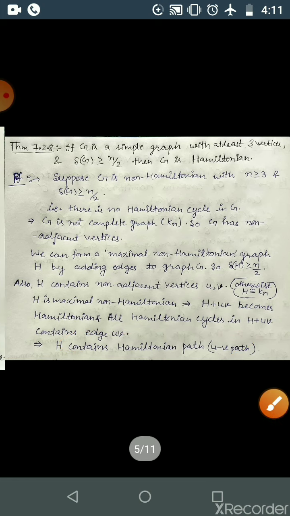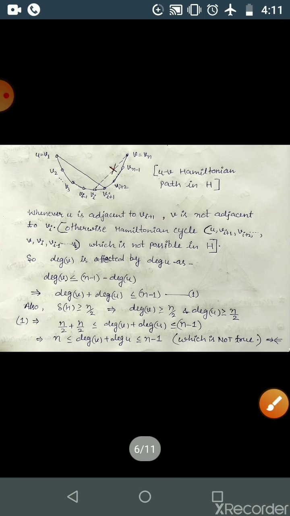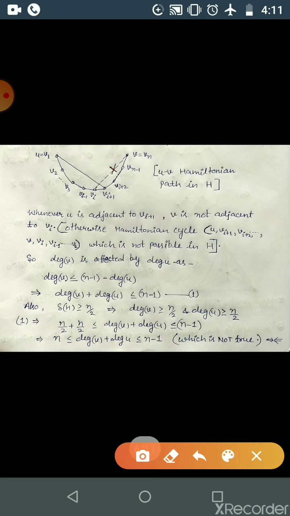Which Hamiltonian path? A U to V Hamiltonian path. Because U and V are not adjacent, and in H plus UV there is a Hamiltonian cycle, by removing just the UV edge from there, we get this path. So we consider that U to V Hamiltonian path in H. Since this is a Hamiltonian path, there are n vertices, correct?